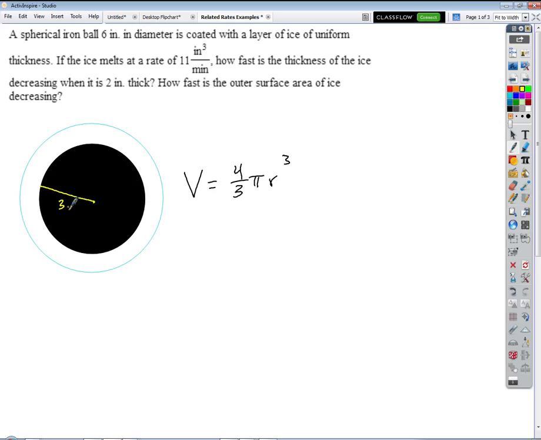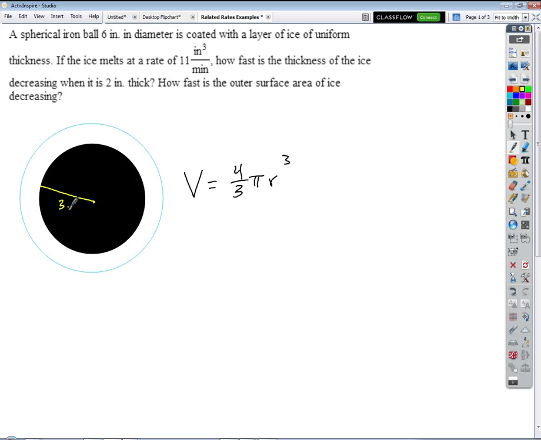So sure, we could say that the radius of the whole thing is 3 plus x, and x is the thickness of the ice. Does it ever ask, though, for the thickness of the ice? No. It wants to know how fast the thickness is changing.